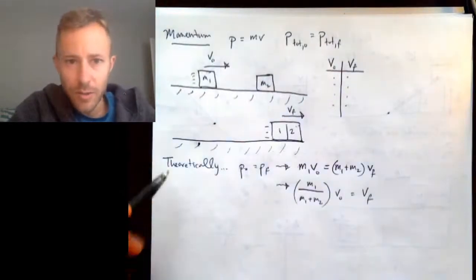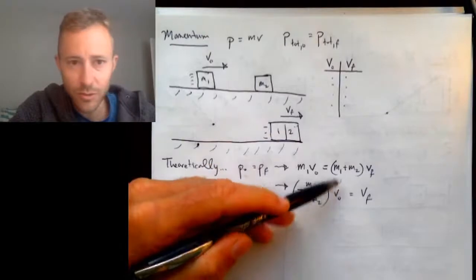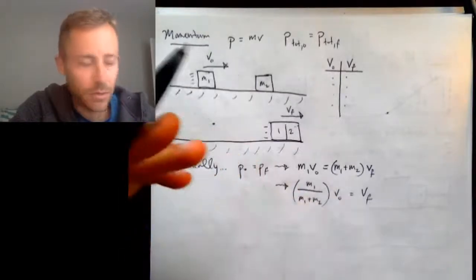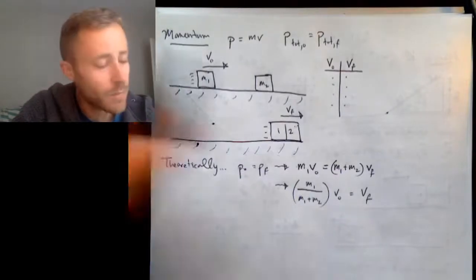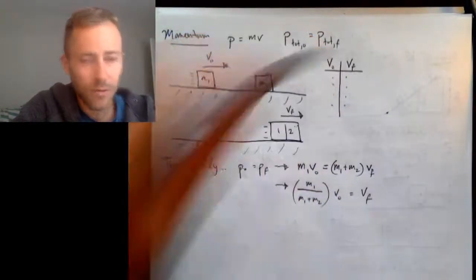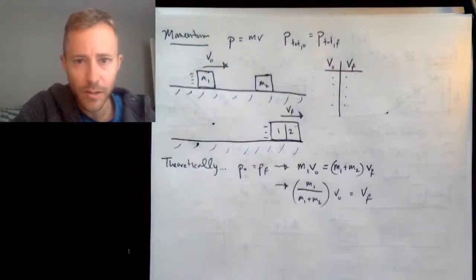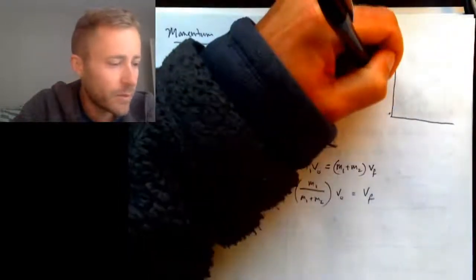So I can see that there isn't anything fancy happening. I don't have v initial squared or v final squared or v final cubed or anything like that. I just have v initial and v final, so I don't have to transform my data table. I just graph v final versus v initial.